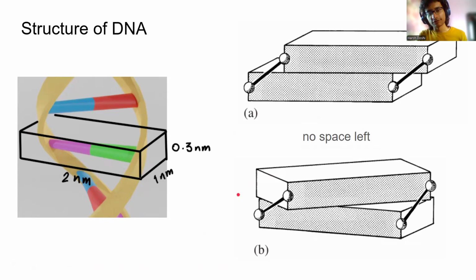One of the ways that these boxes can be stacked on top of one another is such that each box is slightly tilted with respect to the box below it. And what this achieves is that there's no space left between these two boxes. So no water molecules can get in, and water molecules can stay outside where they're in contact with the backbone only.